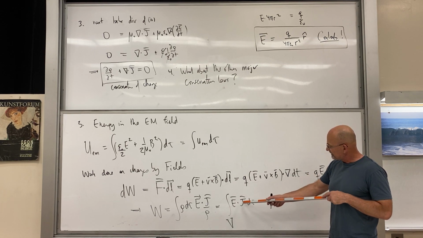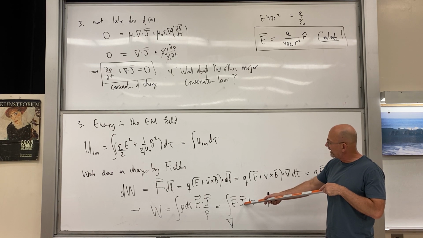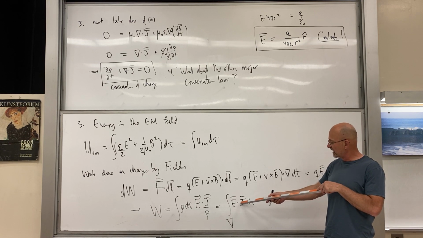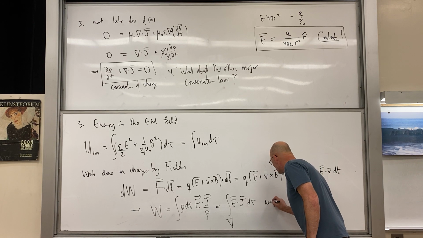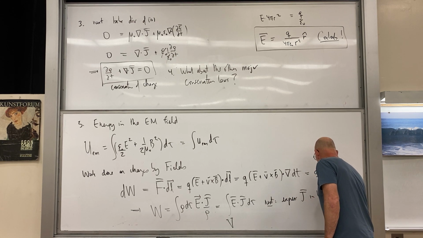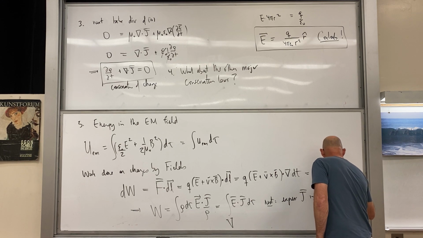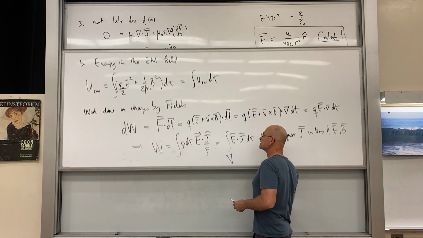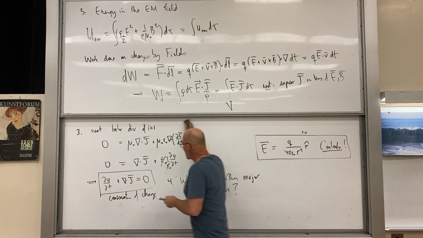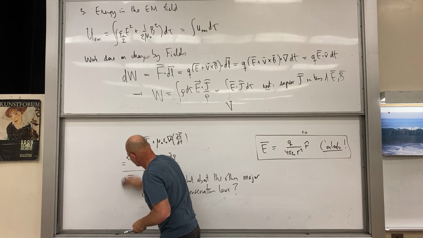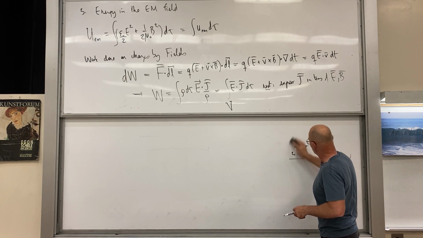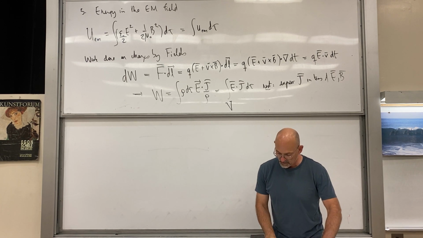That's the energy. Next, we're going to express this J via the Ampere-Maxwell equation in terms of the fields E and B. So now we just need the expression for E dot J. J we get out of the Ampere-Maxwell equation, and then there are a couple of product rules involved.